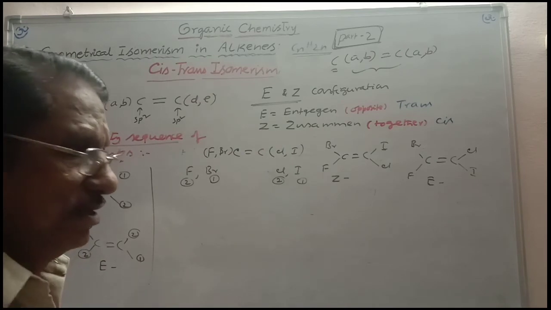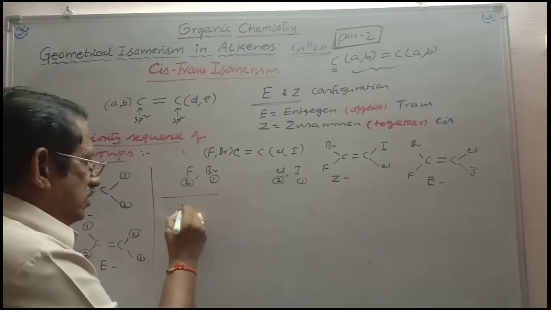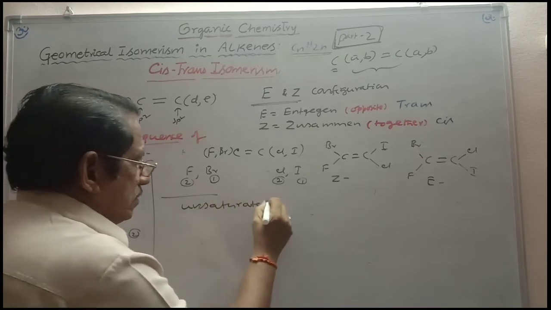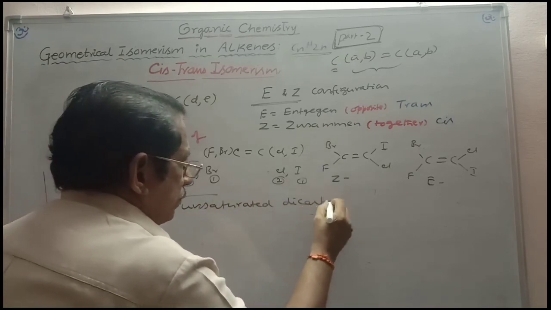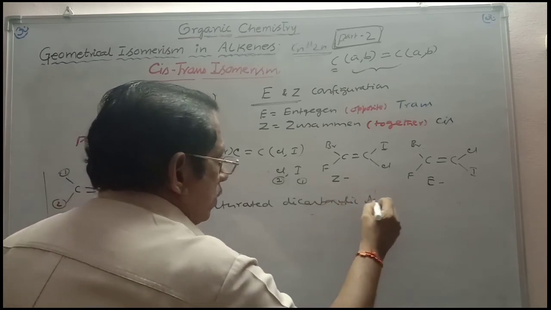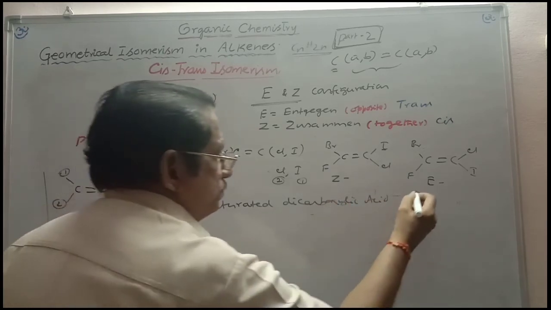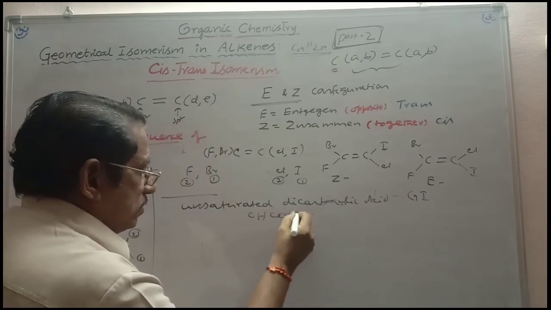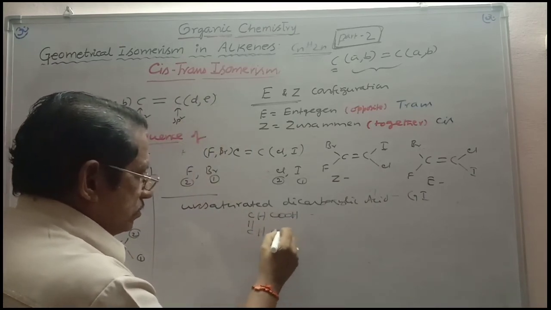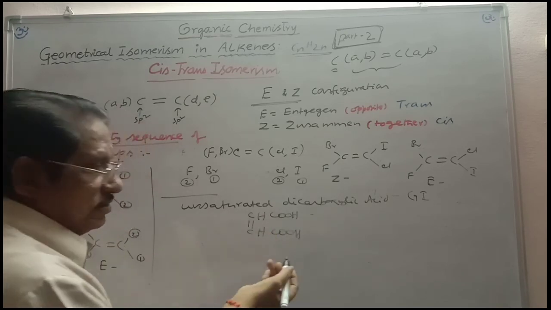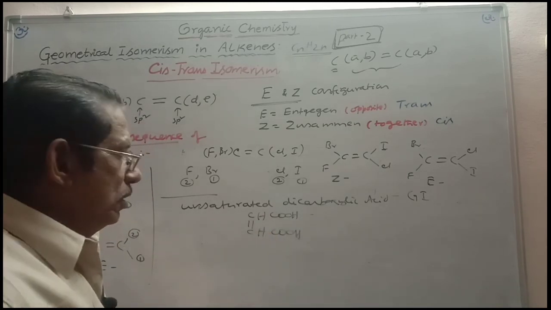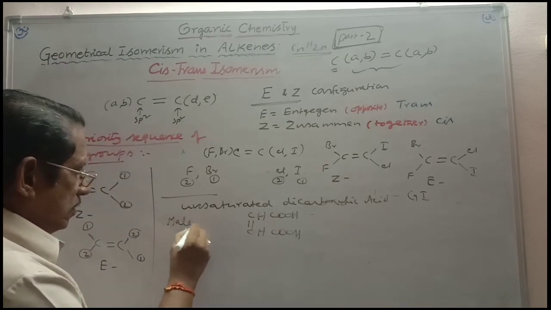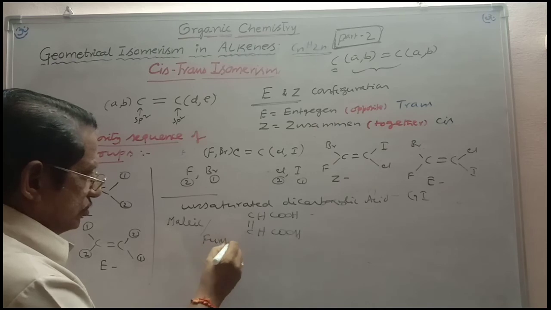And finally, one more example: unsaturated dicarboxylic acids also show geometrical isomerism. The best example is CHCOOH double bond CHCOOH. This is what you call maleic acid and fumaric acid.